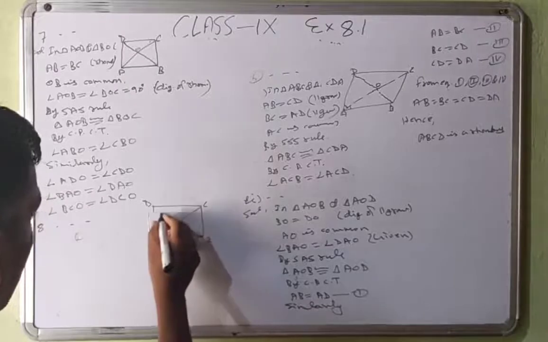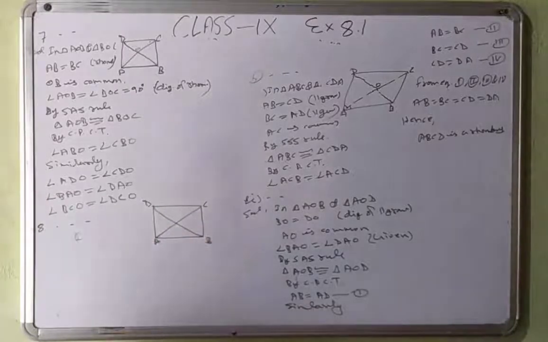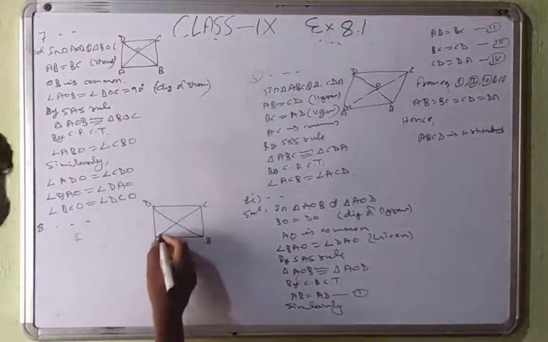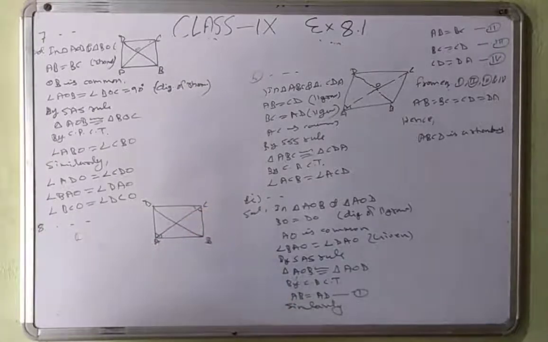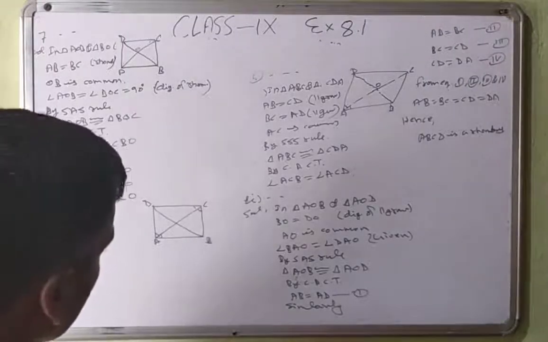These are the diagonals. So we need to prove that this is a square.